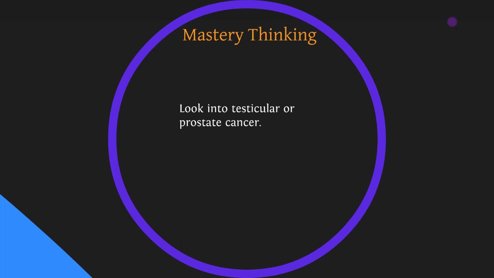For some mastery level thinking, look into testicular cancer or prostate cancer. You might look into the evolution of prostate cancer and its diagnosis in the last 10 to 15 years, or look at some of the treatments too. It's a different cancer to irradiate, so there are often different techniques there. So there's proton radiation.